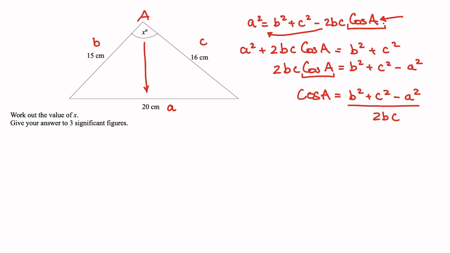So now we can simply substitute in all the values to try to find the value of a. So cos a will be equivalent to my b squared, which is 15 squared, plus my 16 squared minus 20 squared all over 2 times b, which is 15, times c, which is 16.